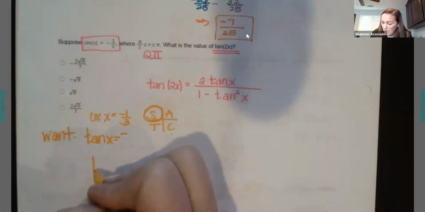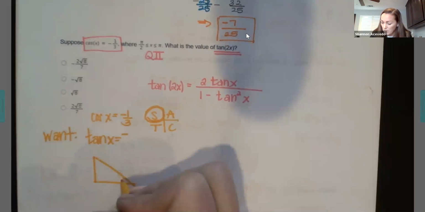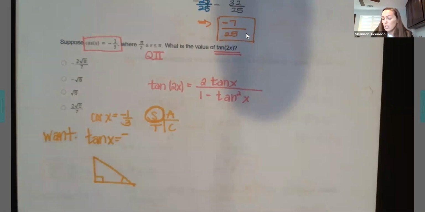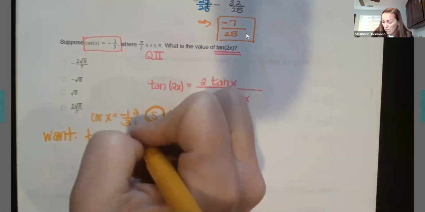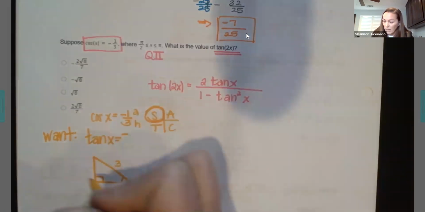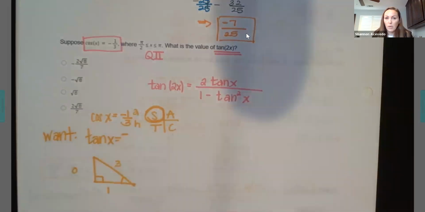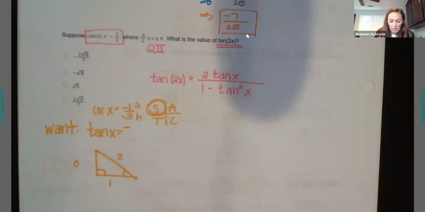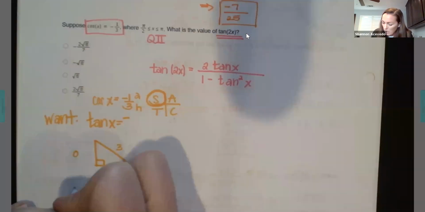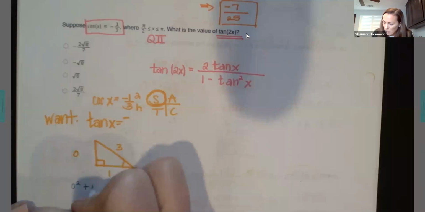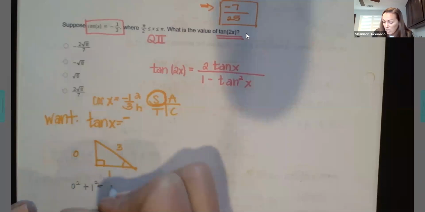Well, in order to figure out my tangent, I need my opposite over my adjacent. So I know my adjacent is 1, my hypotenuse is 3. I need to figure out what that opposite is going to be. So I have my opposite squared plus 1 squared is equal to 3 squared.